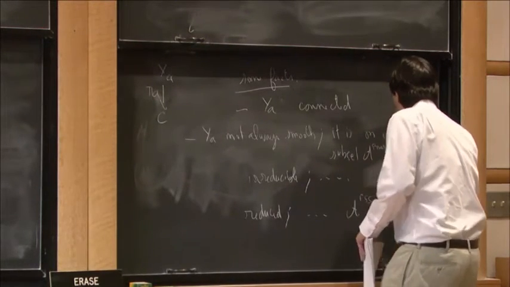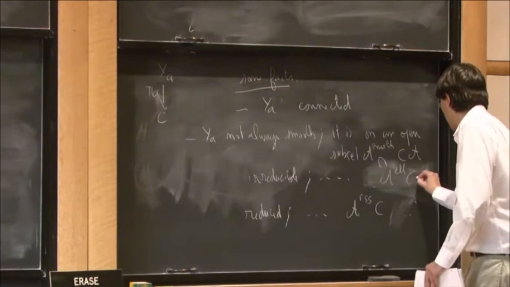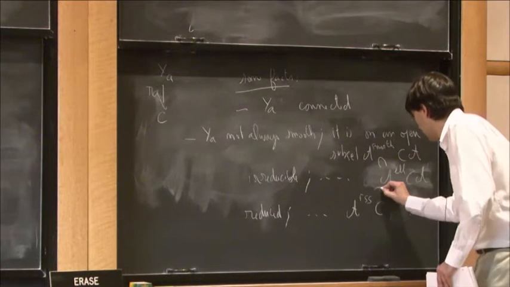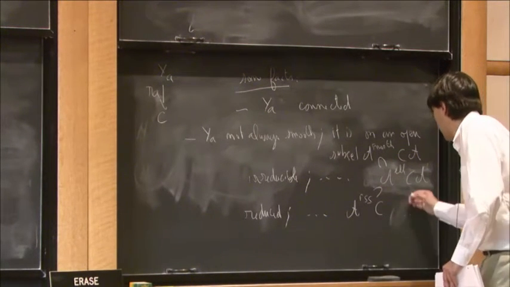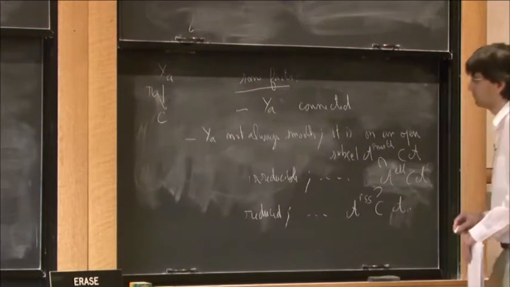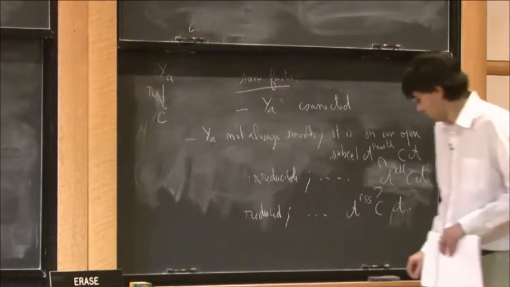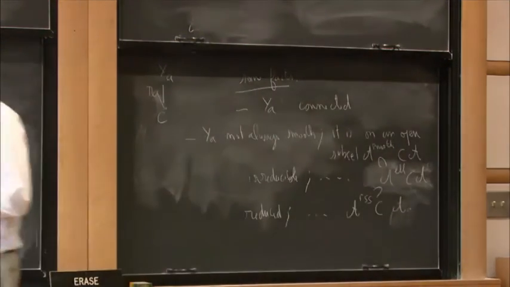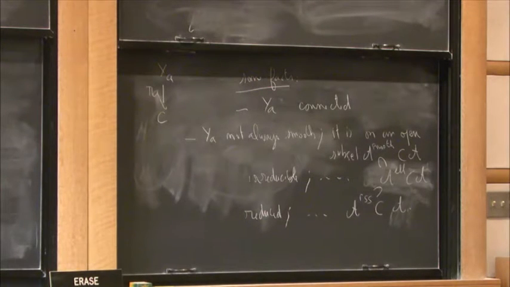So the elliptic locus contains the smooth locus, and the elliptic locus is contained in the regular semi-simple locus.